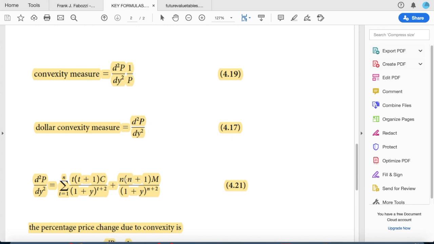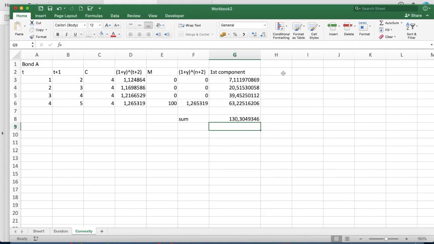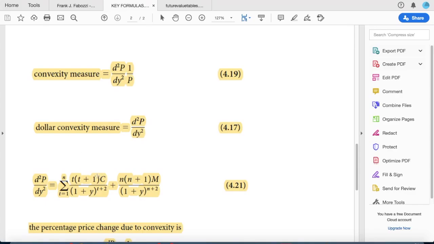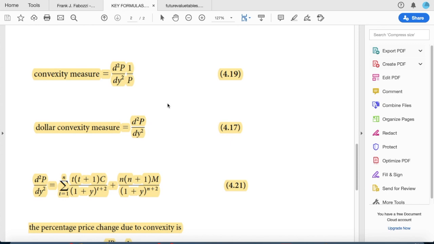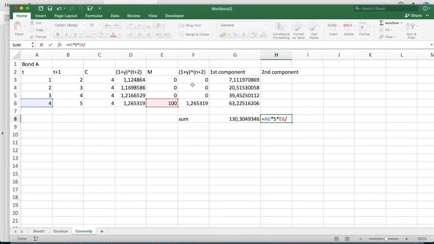Now the second component is n. So the second component will be equal to C n, which is 4, times n plus 1, which is 5, times the final payment, which is 100, divided by 1 plus y power n plus 2.